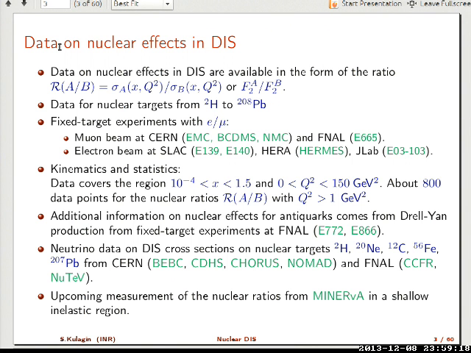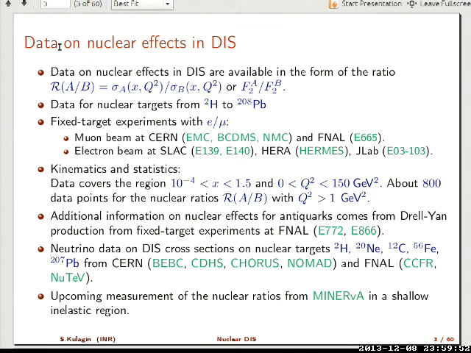This is data on cross sections from CERN experiments, I mean CHORUS and NOMAD, and Fermilab experiments, CCFR and NuTeV. And actually, the old bubble chamber experiment is also useful, and this is so far the only experiment which gives us a direct measurement of nuclear effects.